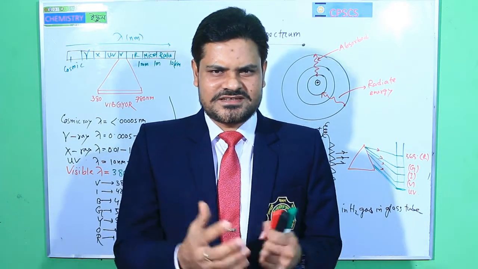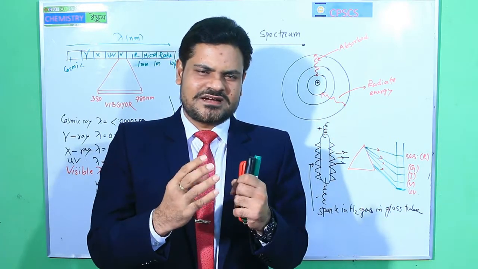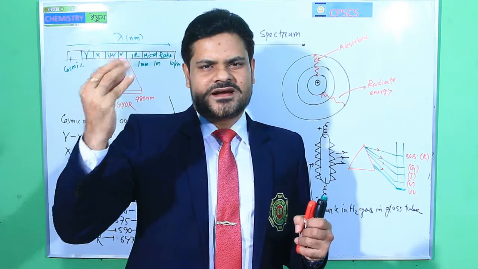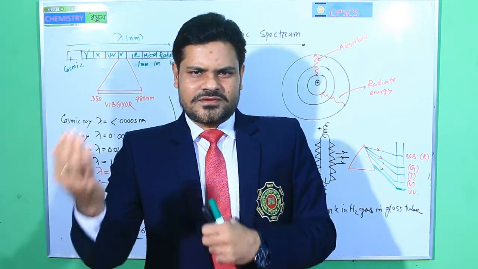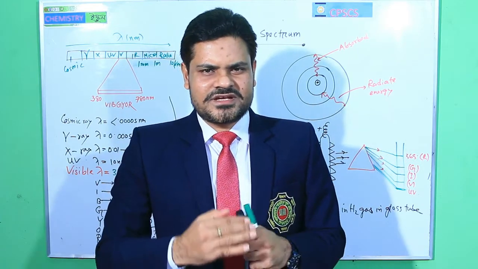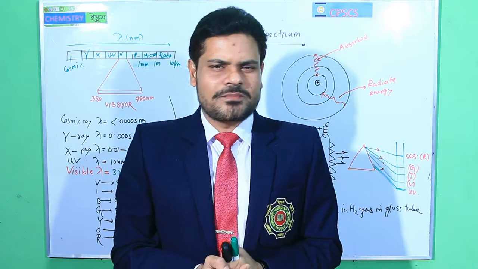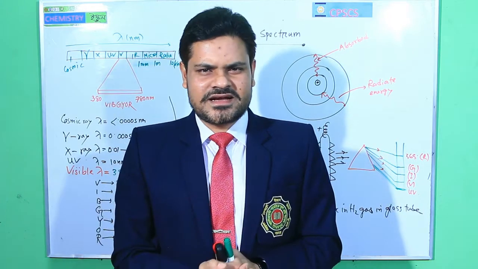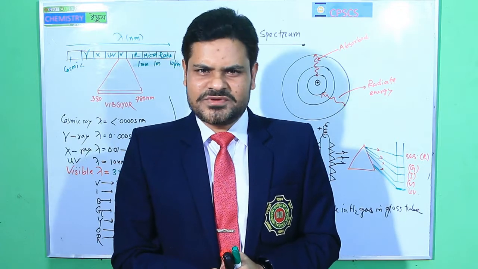But if we heat it, the electron absorbs energy and reaches a higher energy level. Alternatively, when we stop heating, the electron comes back to its own energy level from the higher energy level by releasing or emitting energy.